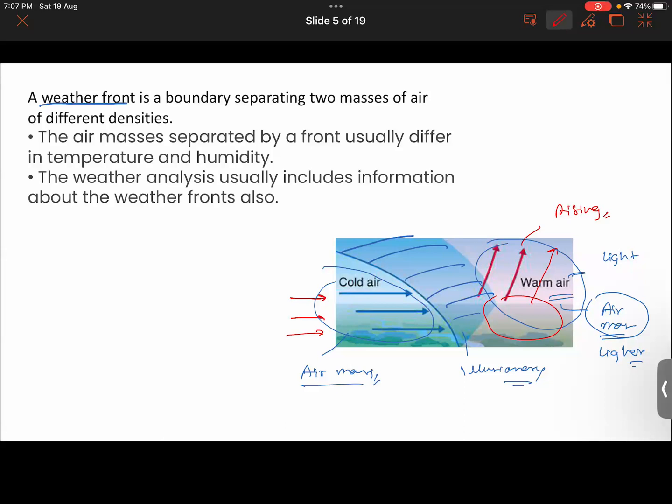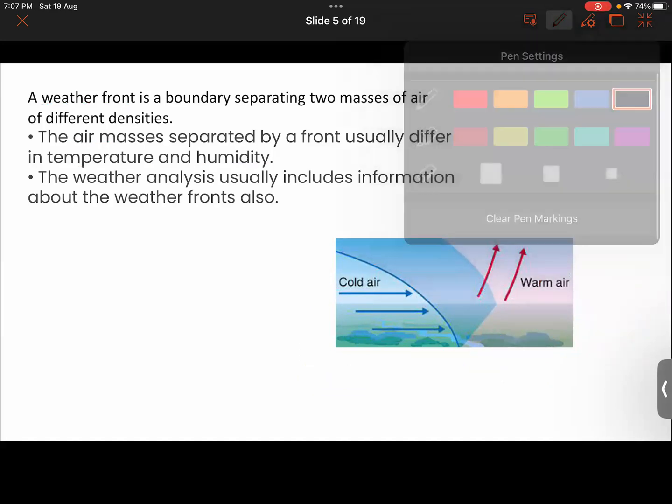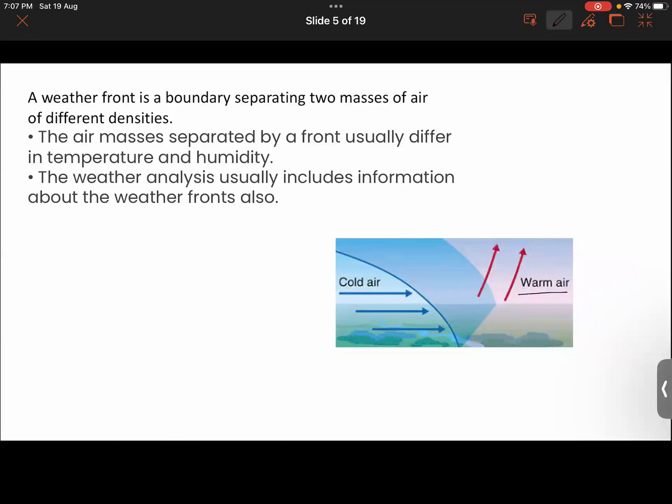Okay. So they will also differ in temperature and humidity. Now you guys tell me which air will have more humidity, warm air or cold air? Which one has got more humidity? Just a simple reasoning question. Just apply logic.